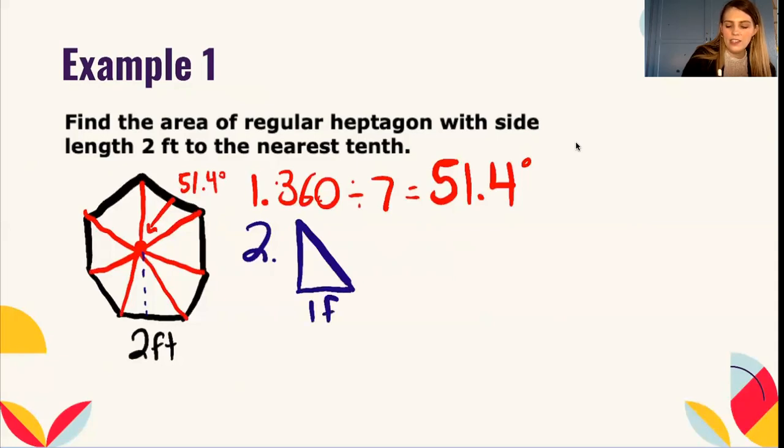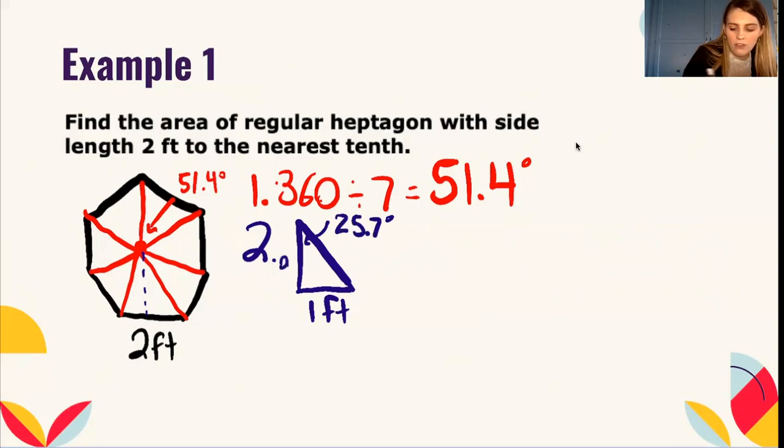Since it's half of a side, this is 1 foot. And we have half of a central angle, so I'm going to take that 51.4 and divide it by 2. And I get 25.7 degrees.